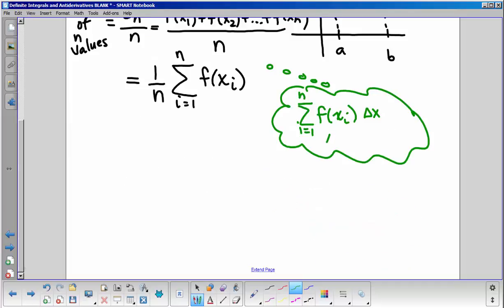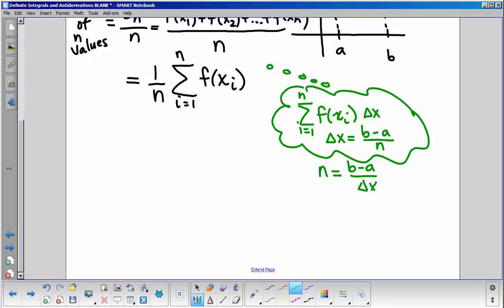Well, what is delta x? It's b minus a over n. Do we have anything in that expression that might help us? 1 over n. What if we solve for 1 over n? Well, n equals b minus a over delta x.